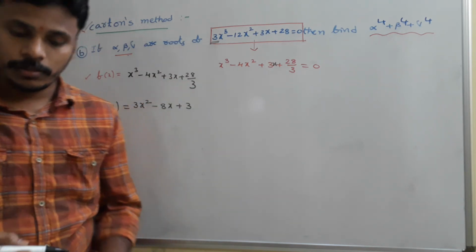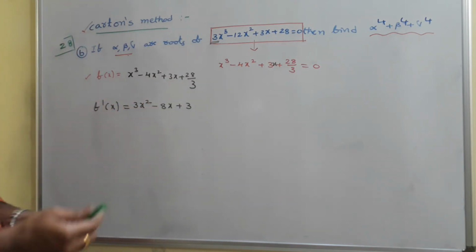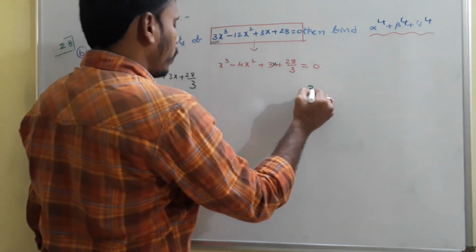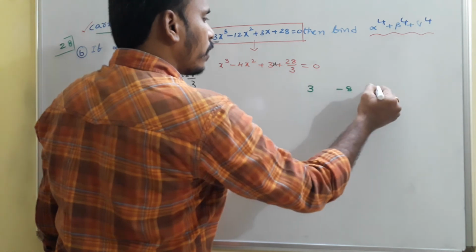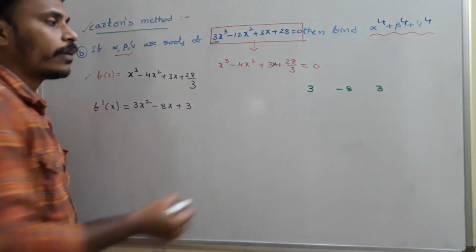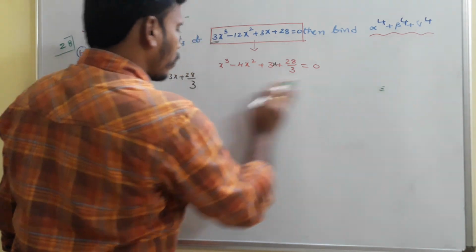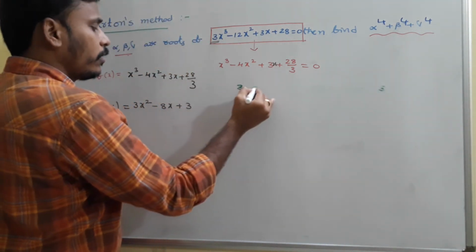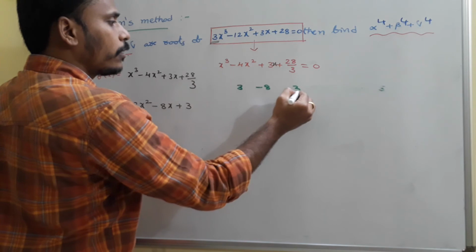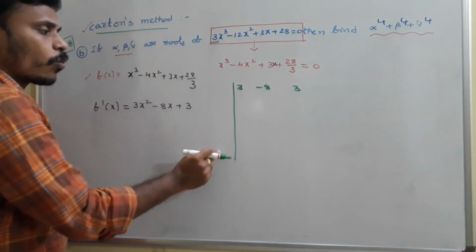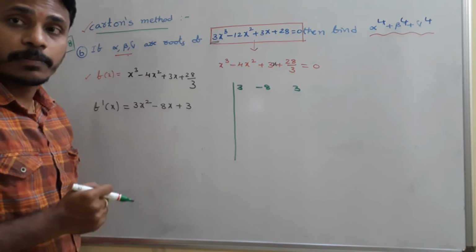There ends the situation. Now as I mentioned, you identify the coefficients of this f dash of x: 3, minus 8, 3. And then, as I said, we need to continue the process, right? So I need some space, so I will locate here. 3, minus 8, 3. Here we need to consider the coefficients of f of x except the leading term.